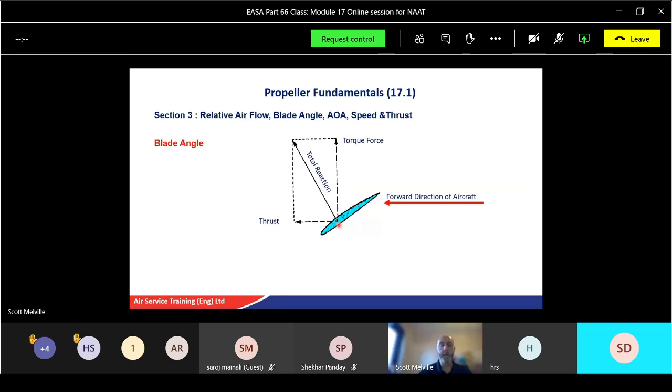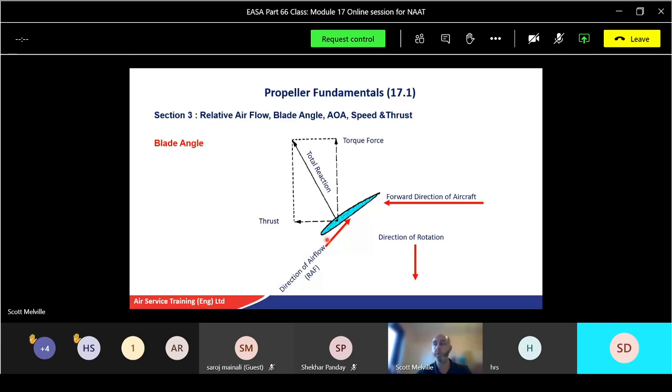You also have the forward direction of the aircraft. The faster that gets, these vectors will change as well. There's a direction of rotation, it's coming towards me there, and your direction of airflow, your relative airflow. So you can imagine if we change the angle of attack of the airfoil by mechanically changing it, that will also change the angle between there, which will give us increased thrust or less thrust.